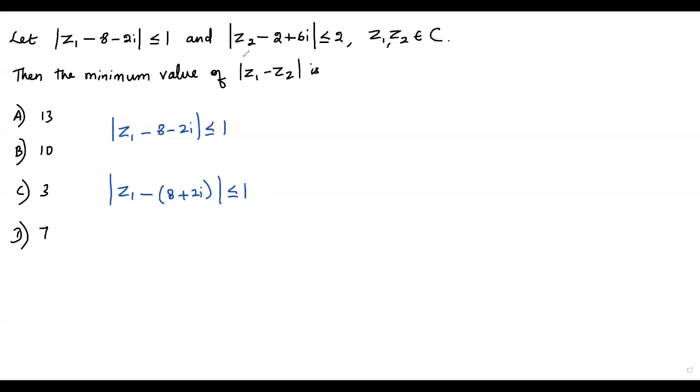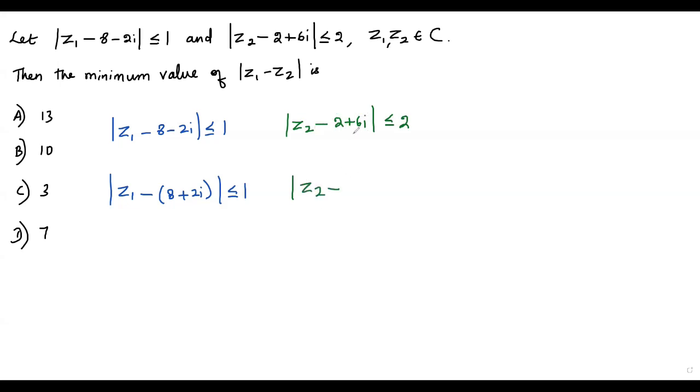Now let's do the same for the other one. Let me write it over here: |Z2 − 2 + 6i| ≤ 2. Now let me factor the negative sign out of these two terms.